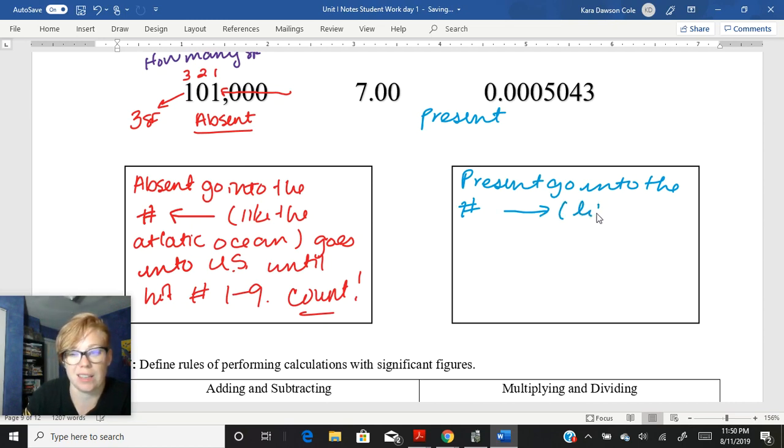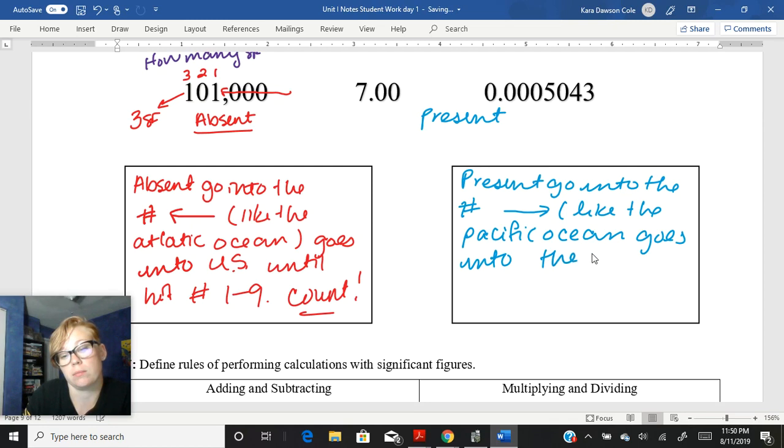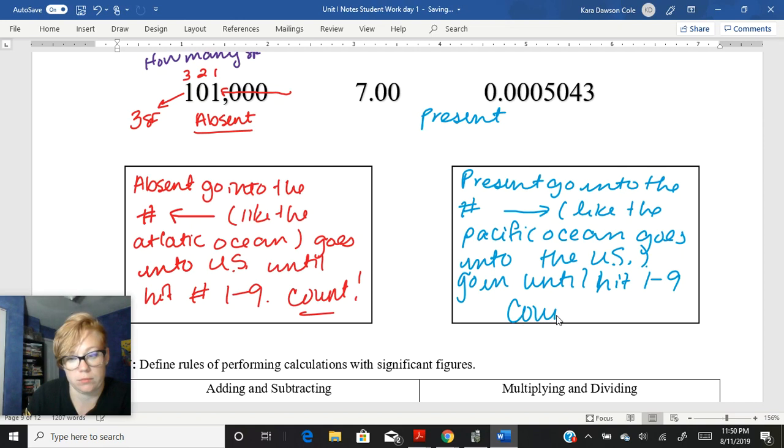So again, this is like the Pacific Ocean goes into the US. And I'm going to go in until I hit a number 1 through 9 again, right? And then I'm going to count. And that's going to tell me how many sig figs.